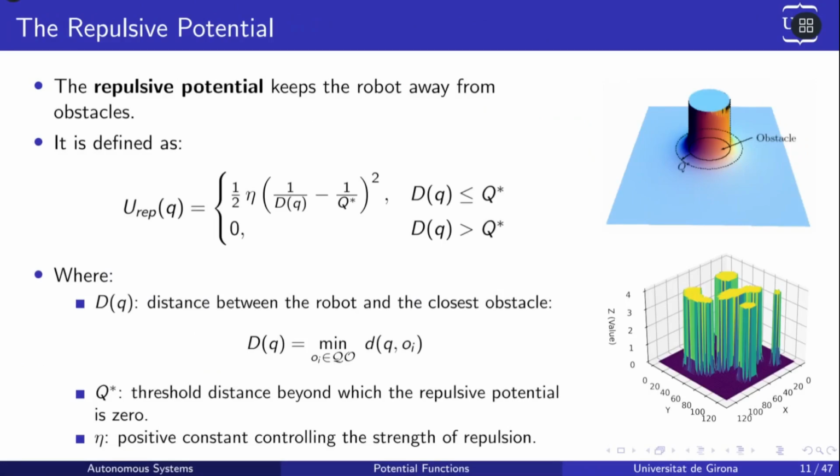Okay, to avoid the obstacles, we are going to use the repulsive potential function, okay? This is a super simple lesson today, no worries at all. The repulsive potential function again uses this conditional structure.